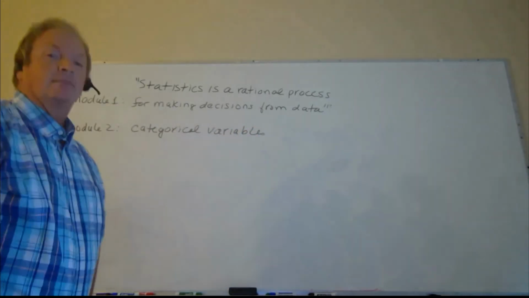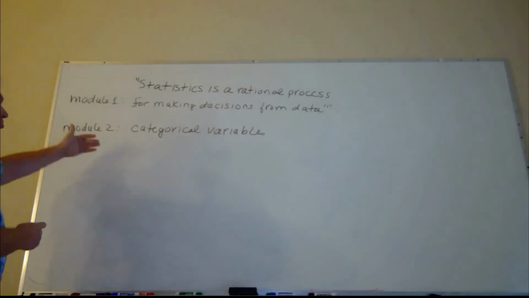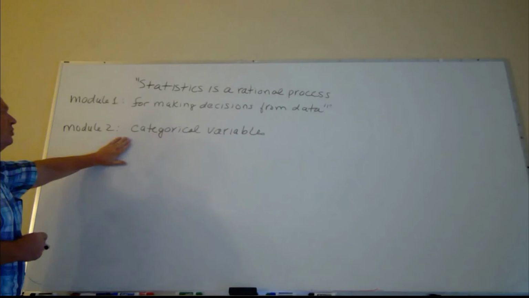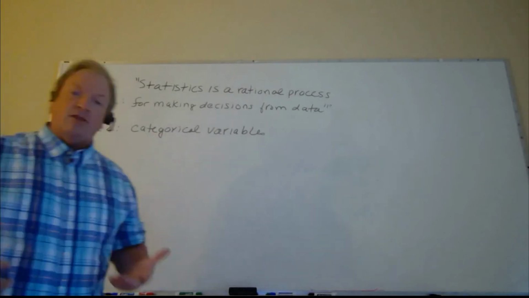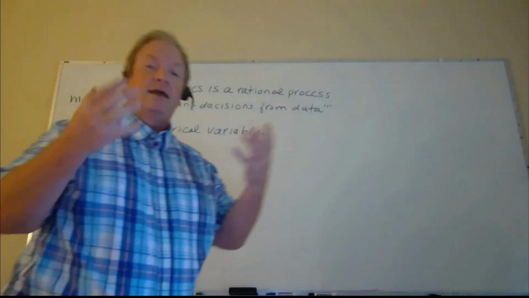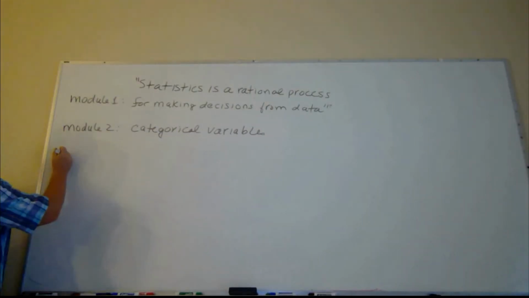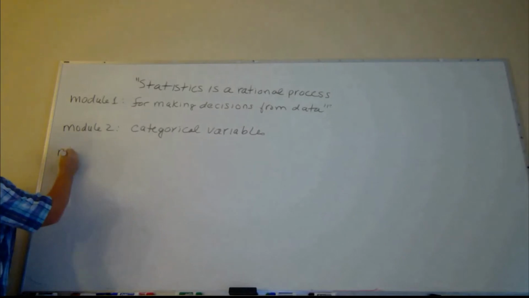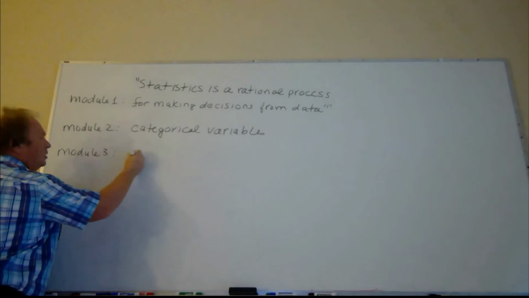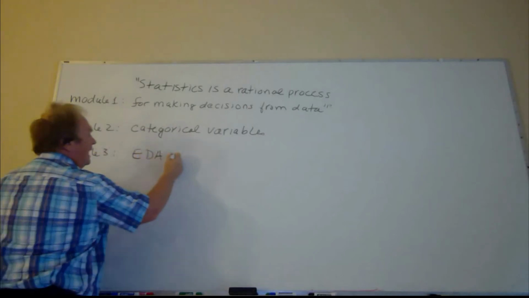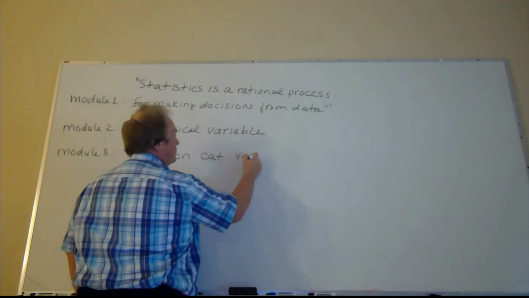They don't measure the amount of something. And in Module 3, we learned how to do exploratory data analysis. We learned how to take a data set of categorical variables, plot it, and extract the important information. So we learned how to do EDA on categorical variables.